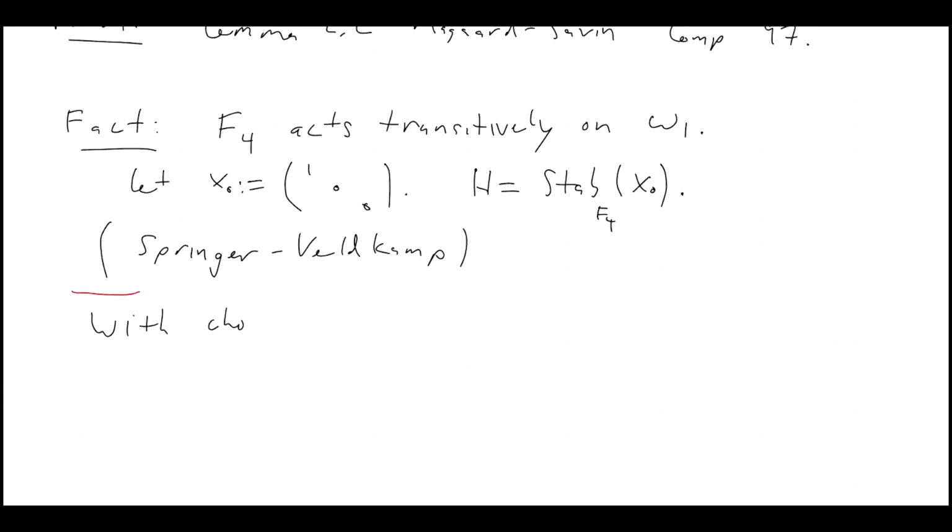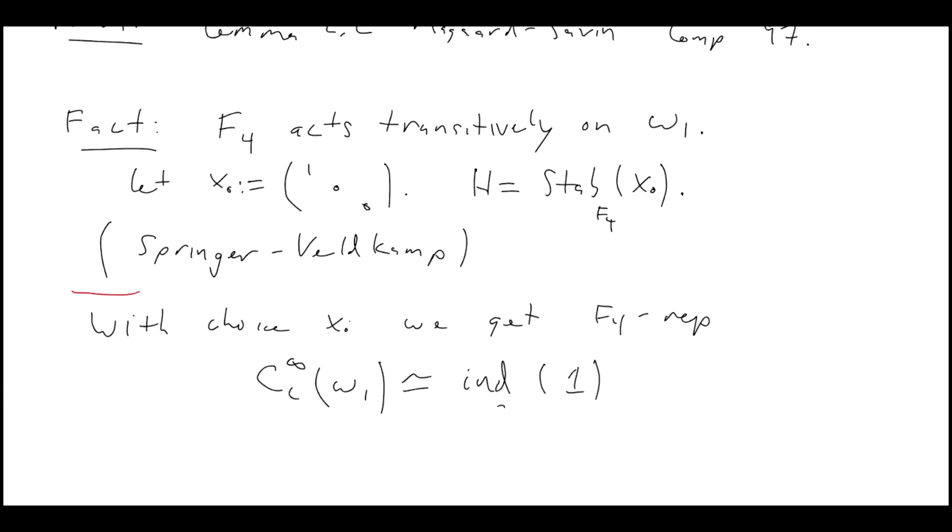All right, so with this choice of X naught, we get an isomorphism of F4 representations. It's not so hard to write it down explicitly, but I'm going to skip over that. So the smooth, compactly supported functions on Omega 1 can be realized as an induced representation, where we are inducing the trivial representation from H, from Spin 9, up to F4.